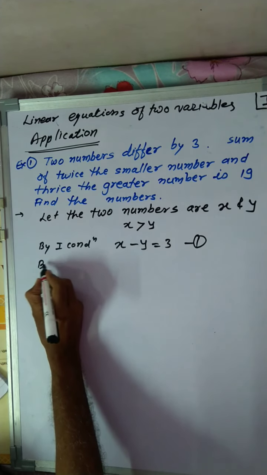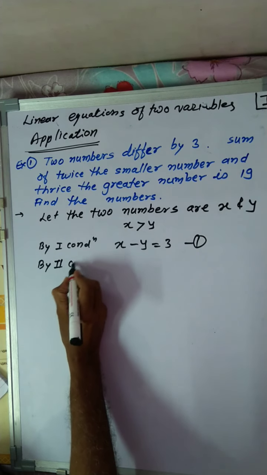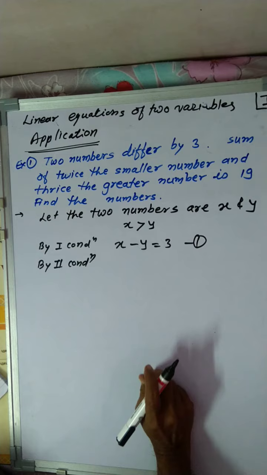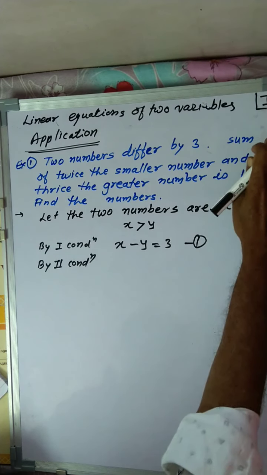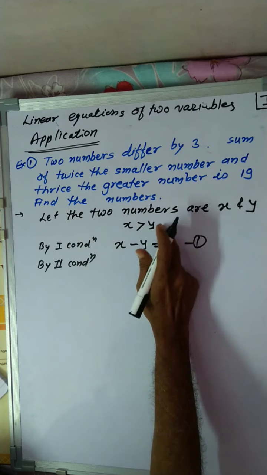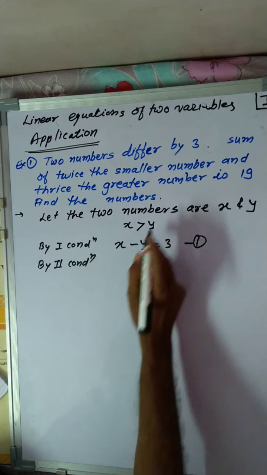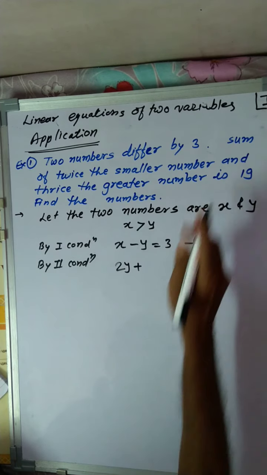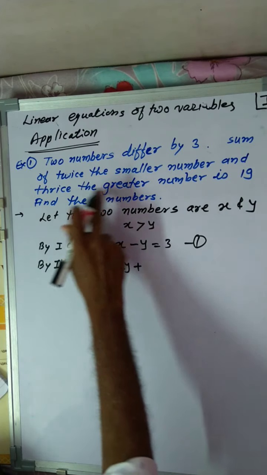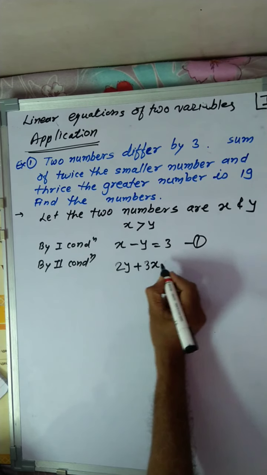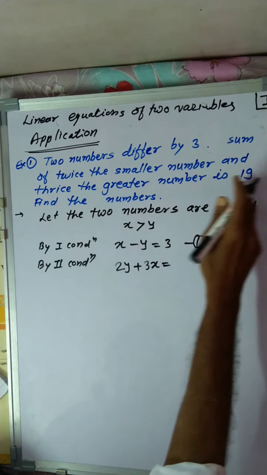Similarly, by the second condition, what is the second condition? The sum of twice the smaller number, that is 2y, plus thrice the greater number, that is 3x, is equal to 19.